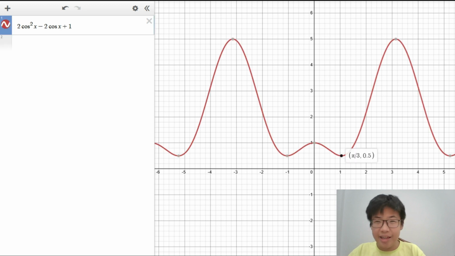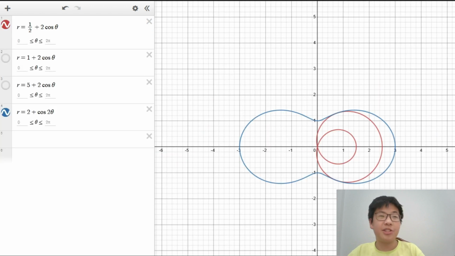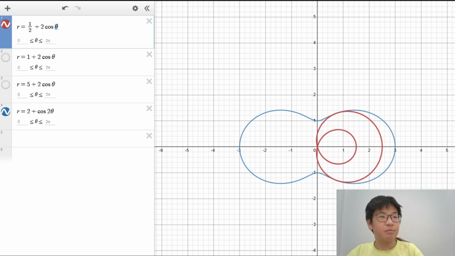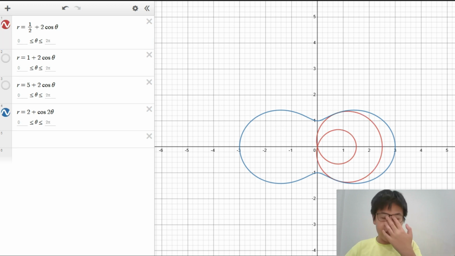It says that our intersection point is at theta equals pi over 3. We can just substitute pi over 3 into any old equation, and then you will get cos theta will be pi over 3, and then it turns out that our radius is 3 halves. So r is 3 halves, pi over 3.